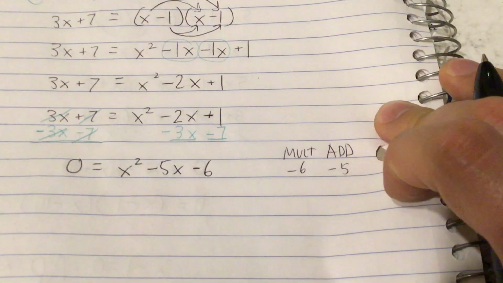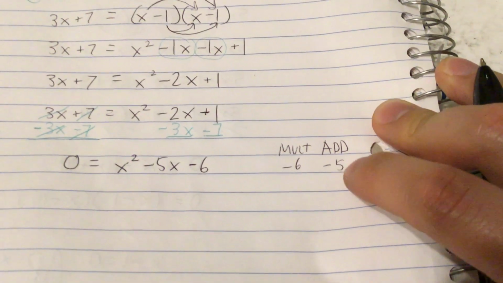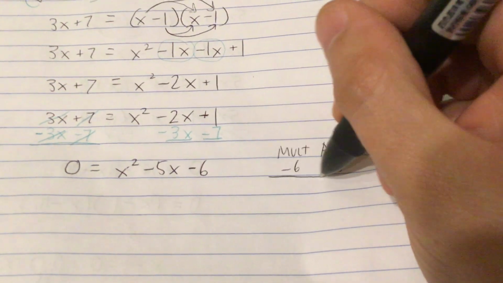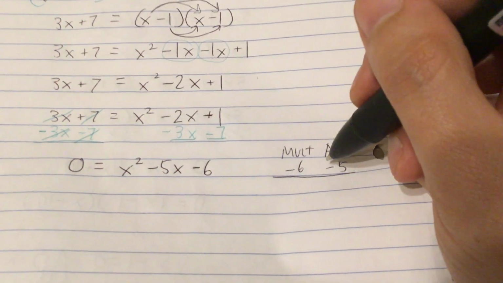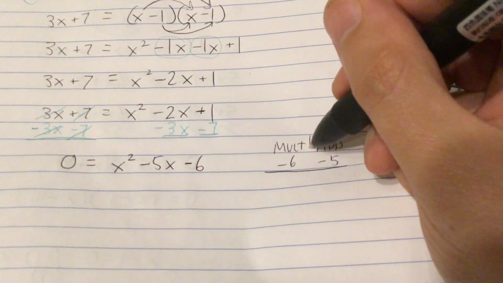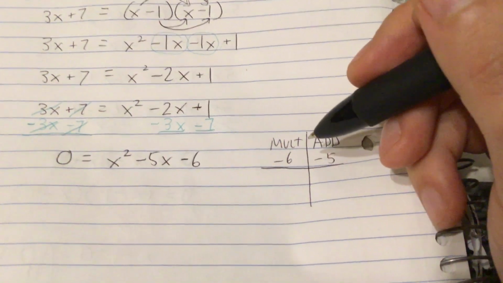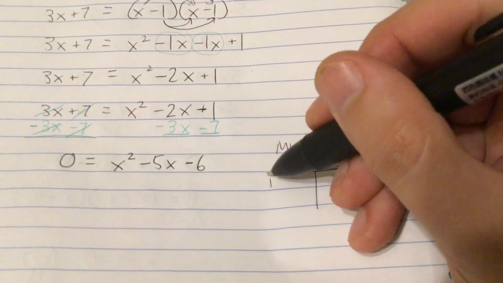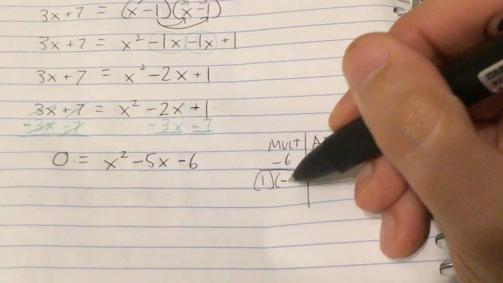That tells me that the negative has to be stronger than the positive. So that means a small positive and a big negative. Let's try the obvious case, 1 and negative 6.